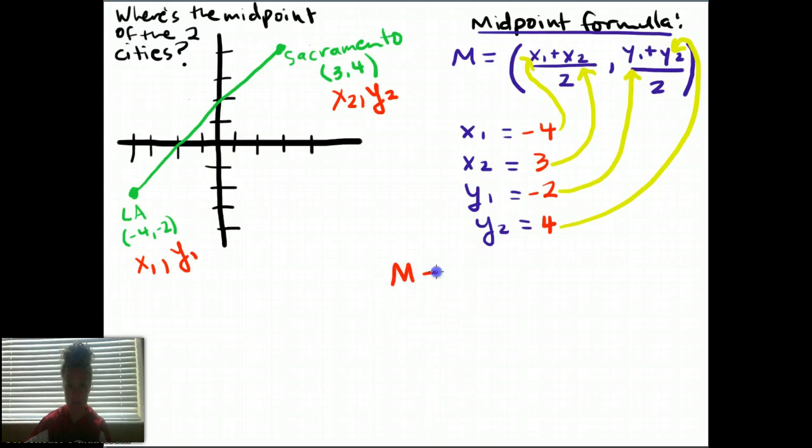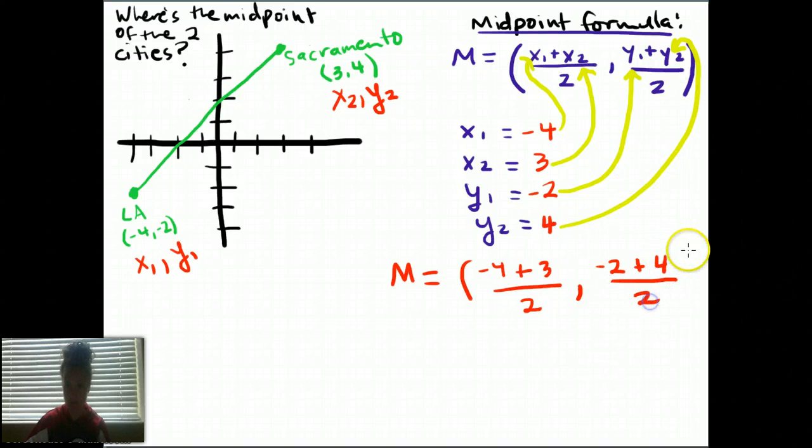So we're going to have the m is equal to, instead of x1, I'm going to have -4 plus my x2 is 3 and divided by 2. Then comma, instead of y1, I'm going to have -2, just plugging in here, plus my y2, which is 4, and then that will also get divided by 2.